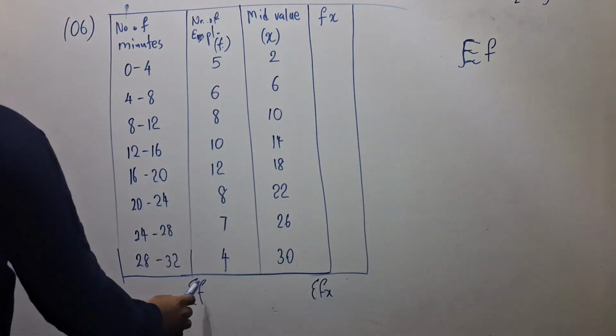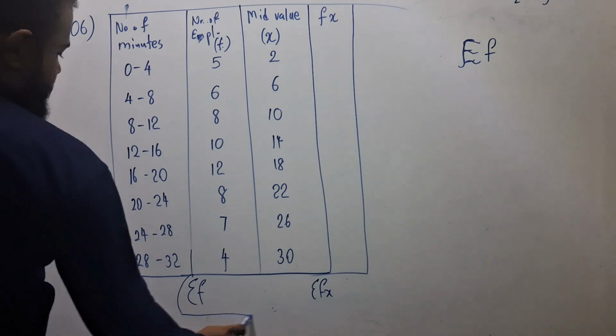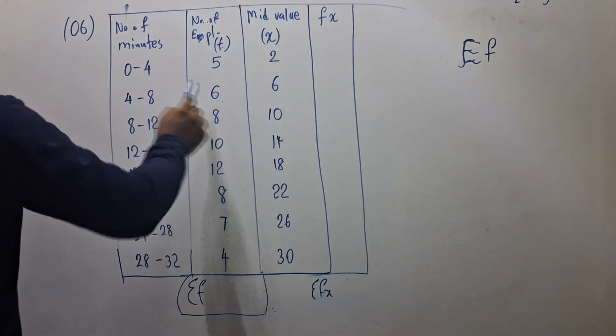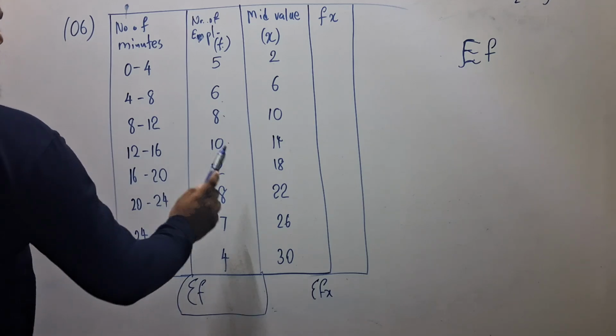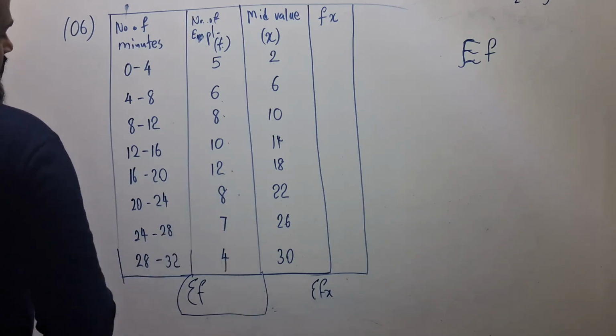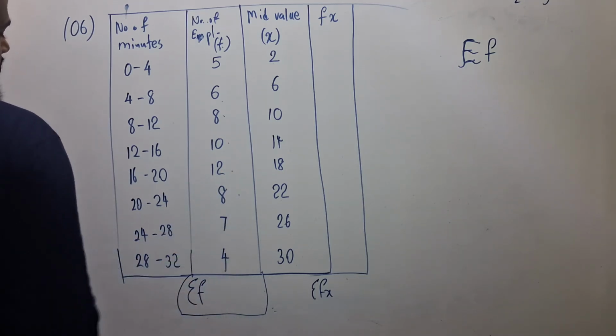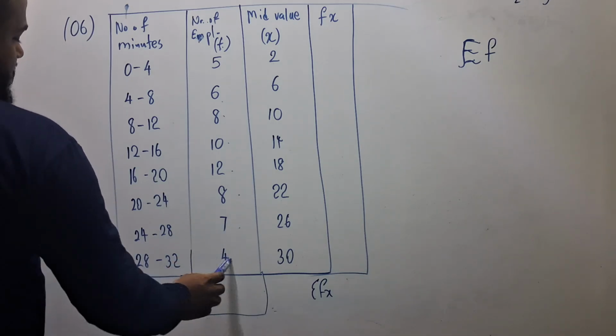Okay, let's take sigma f: 5, 6, 11, 19, 29, 41, 41 plus 8 is 49, 49 plus 7 is 56, 60.